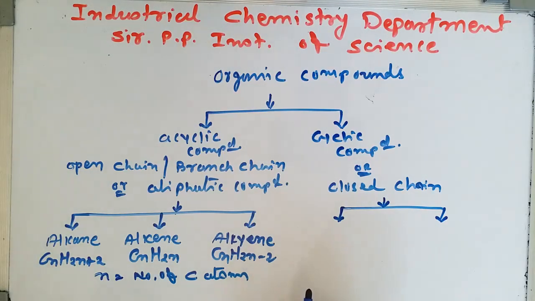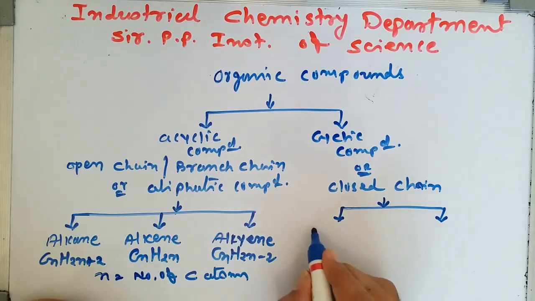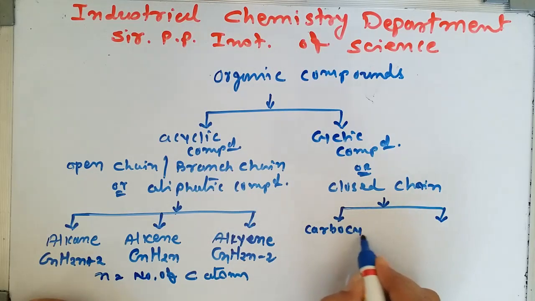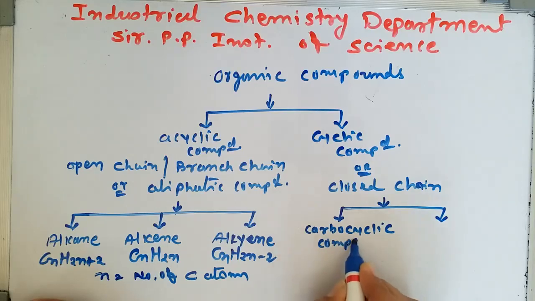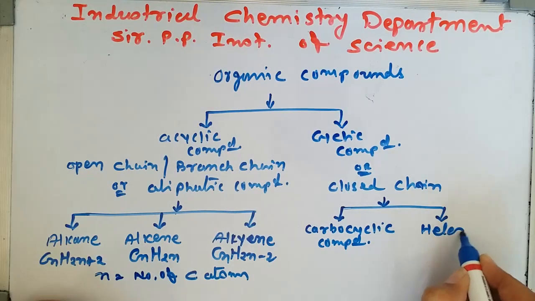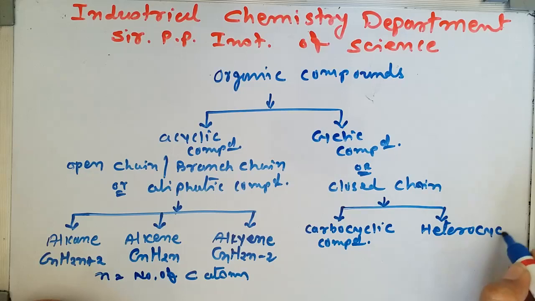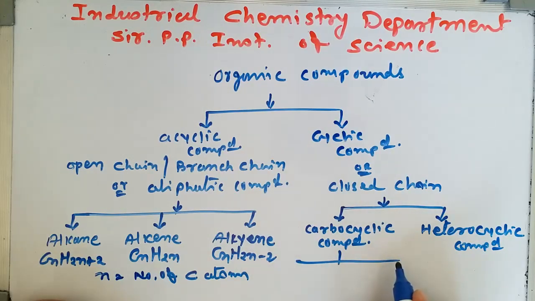Number one is carbocyclic compound and the second one is heterocyclic compound. And the carbocyclic is further classified into two parts: alicyclic compound and aromatic compound.